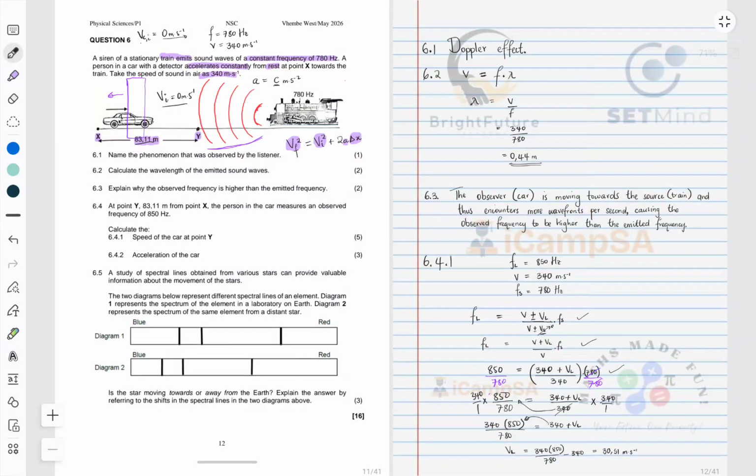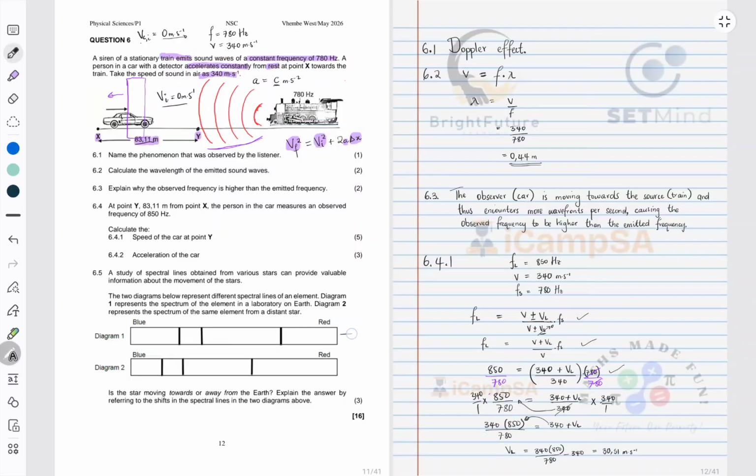A study of spectral lines obtained from various stars can provide valuable information about the movement of the stars. The two diagrams below represent different spectral lines of an element. Diagram 1 represents the spectrum of the element in a lab on Earth, and diagram 2 represents the spectrum of the same element from a distant star.